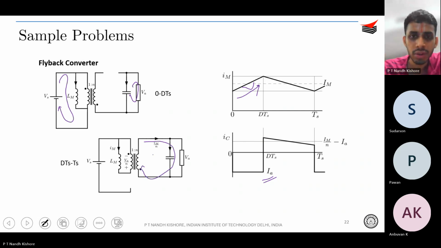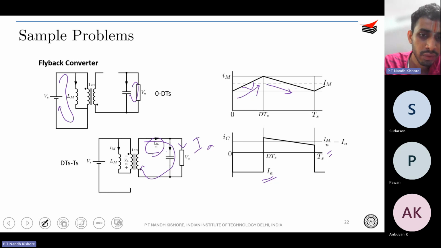Therefore the inductor current drops over here, and the capacitor current is found by KCL. You have an IM current coming over here, referred to the secondary side, therefore it's going to be IM by N, where N is your turns ratio. So IM by N minus IA. Therefore, your capacitor current is going to be IM by N minus IA. You draw this, then life is simpler for you, correct?